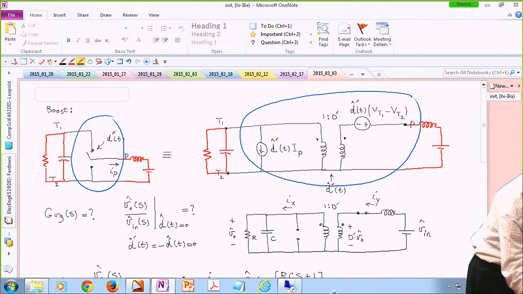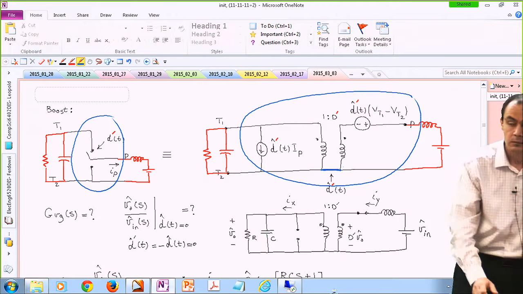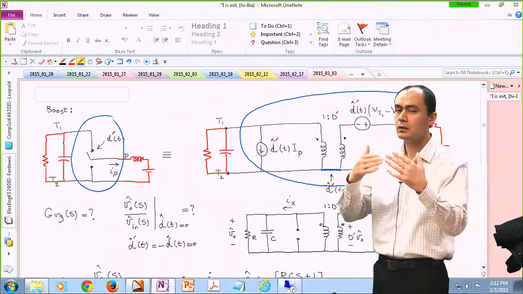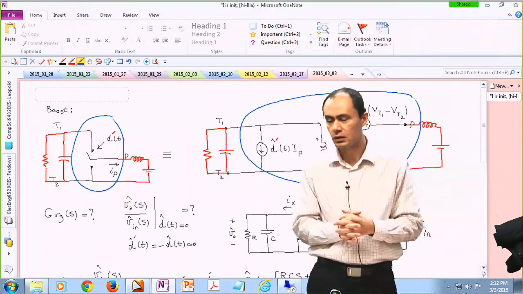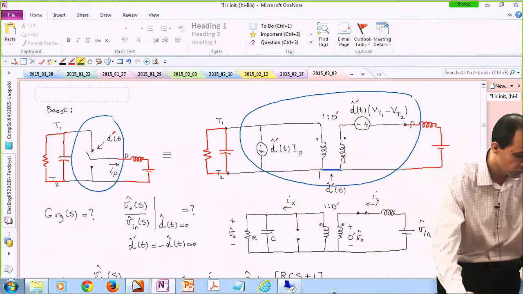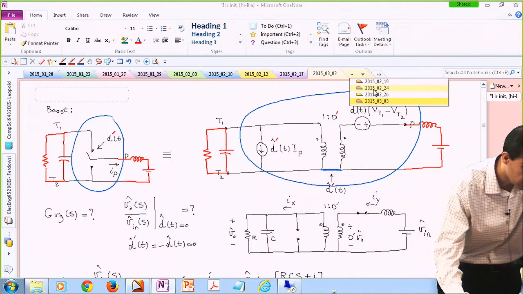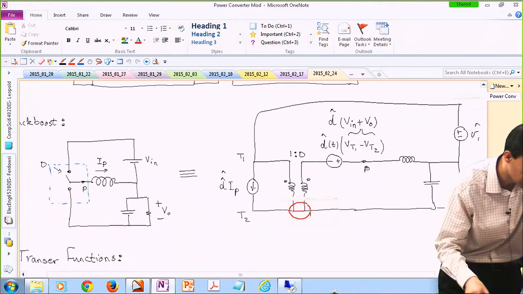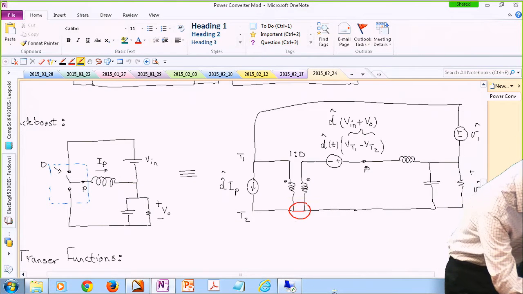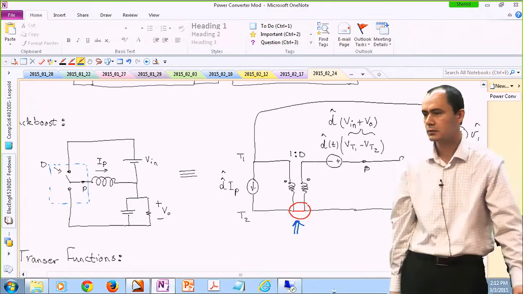And yes, there's a connection here. Okay. And that's it. From that point on, it's just a circuit one kind of a problem. So for those of you who walked in late, I made a correction on the lecture that I had on the 24th. There is a connection here. All right, highlighted in here.